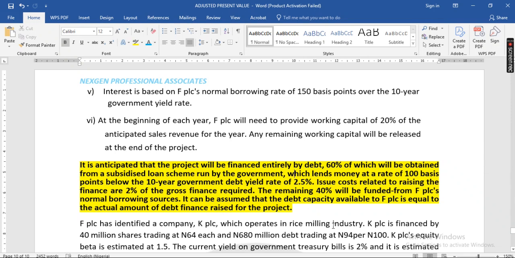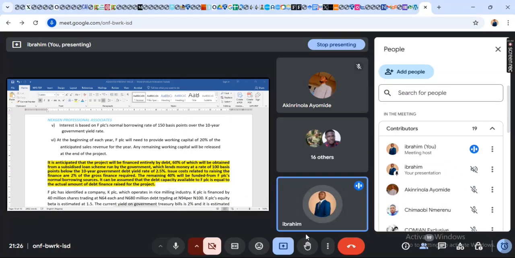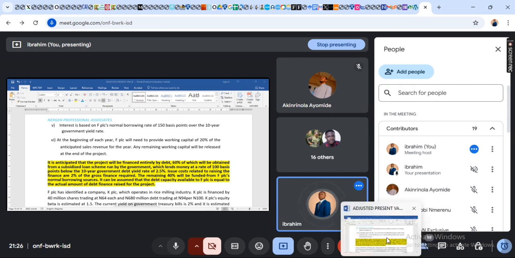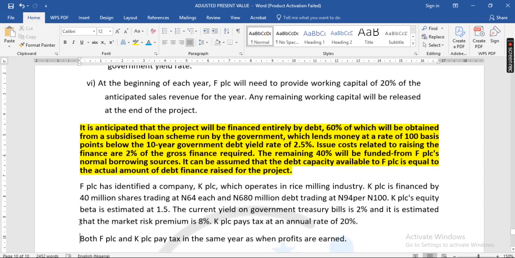So what it means is that they assume their debt capacity is equal to the amount they raised to finance the project. This is a very technical part. We will still talk more about it as we move on.